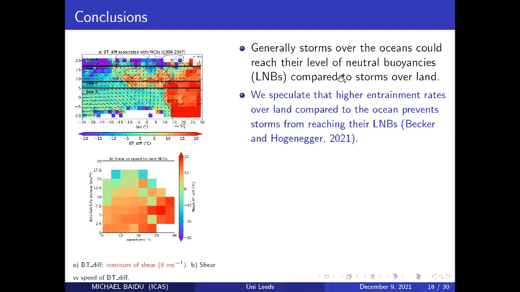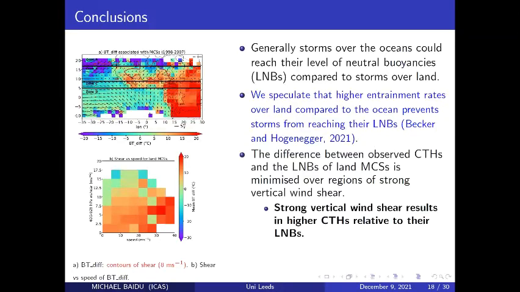So generally, storms over the oceans could reach their level of neutral buoyancy compared to storms over the land, which we speculate is because higher entrainment over land compared to the ocean prevents them from reaching their level of neutral buoyancy. And also the difference between the observed cloud top height and the level of neutral buoyancy is minimized over regions of strong vertical wind shear.